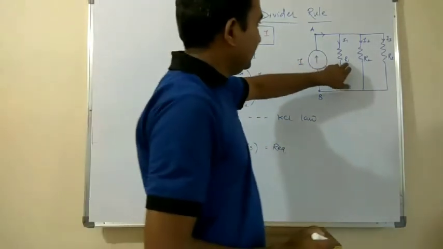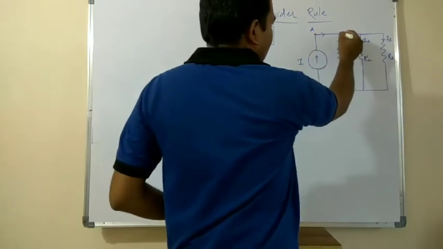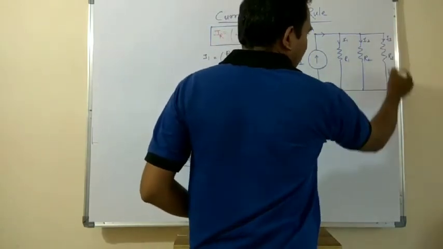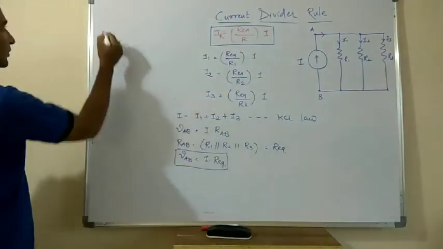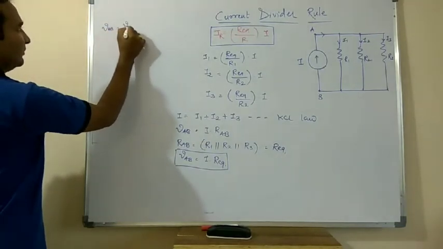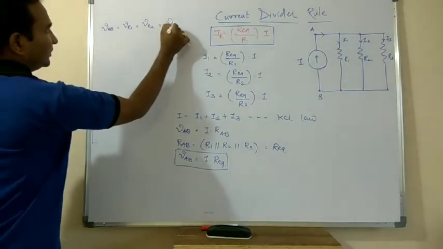Since R1, R2 and R3 are in parallel, the voltage across R1 is equal to the voltage across R2, is equal to the voltage across R3, is equal to VAB. So VAB is equal to VR1 is equal to VR2 is equal to VR3.